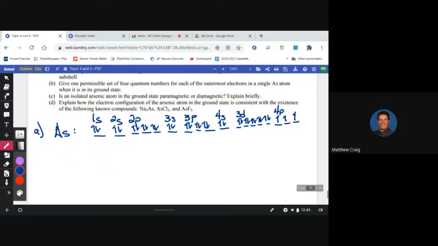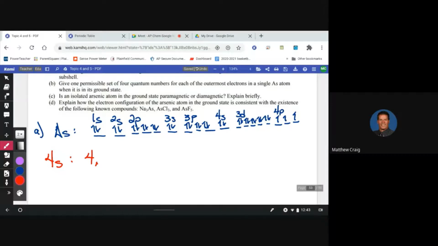Okay. So let's start off with the 4s electron. The first quantum number would be, what energy level are we in? 4. First one would be 4. Are we doing 4s?